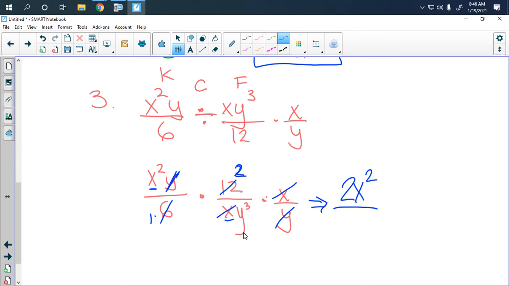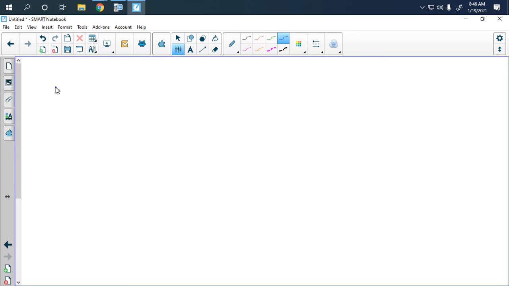Otherwise you would have had y to the second left right there. And then you would have had the additional y over here. So a little bit easier that way. So in the denominator now, I have y to the third. And I can't cancel anything out from there. Okay.